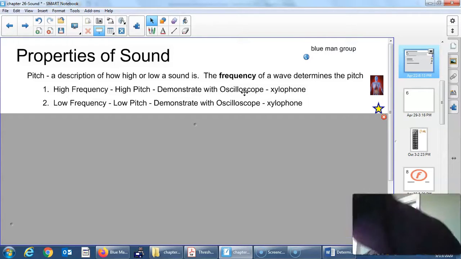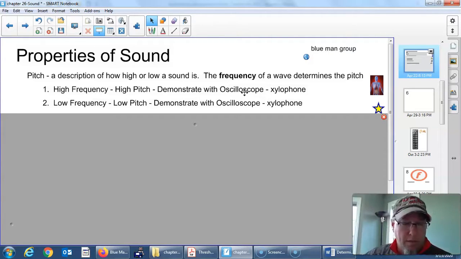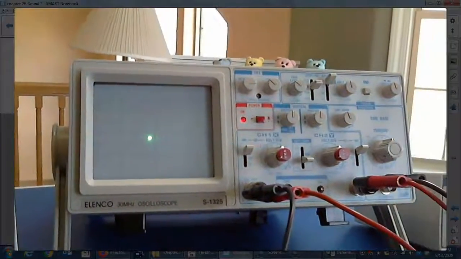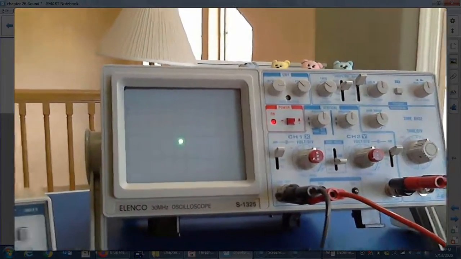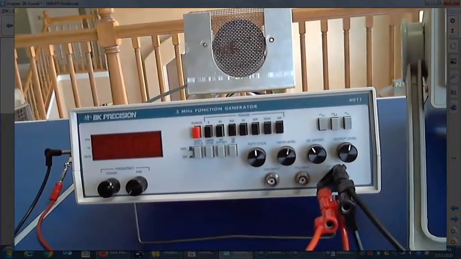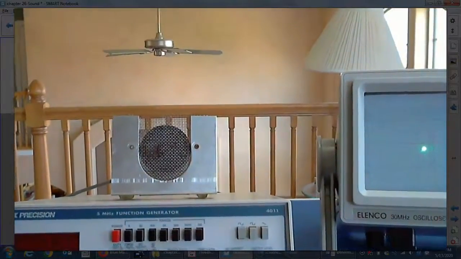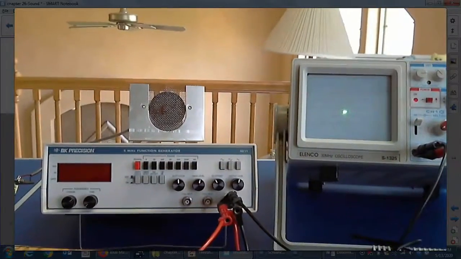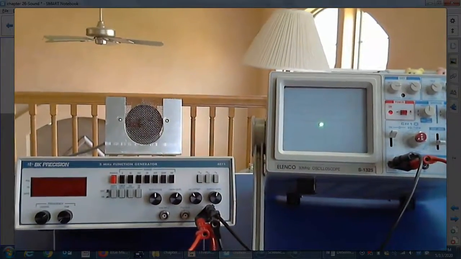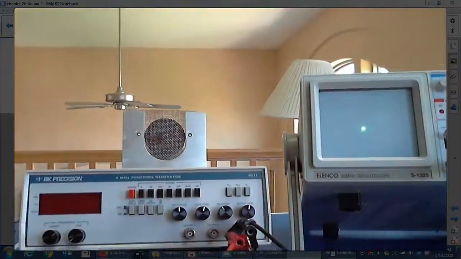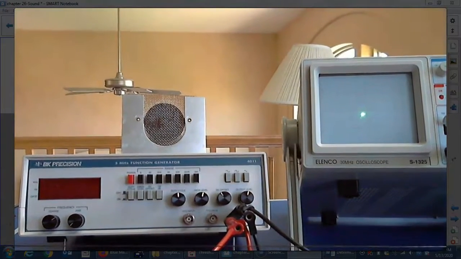So if I wanted to demonstrate this to you with the oscilloscope, first thing I'm going to do is go big with my webcam. Howdy, and this is an oscilloscope. This is a wave generator, and I put a speaker on top of it. I'm going to position my camera so that you can see the wave generator and the oscilloscope at the same time. And there we go.